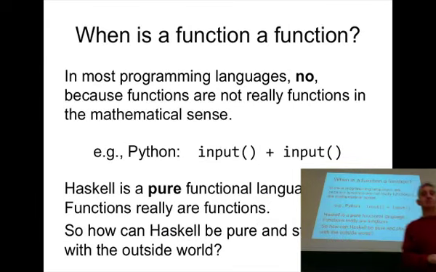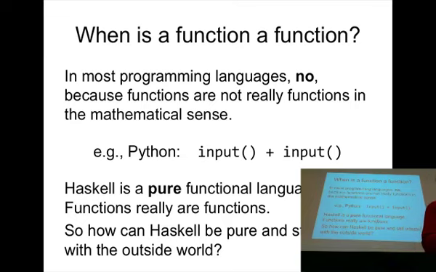Now that may seem strange, but in Haskell, when we say we're defining a function or a value, you can think of a value as a function with no arguments, these are real functions in the sense that whenever you apply the same argument to a given function, it will always give you the same result.